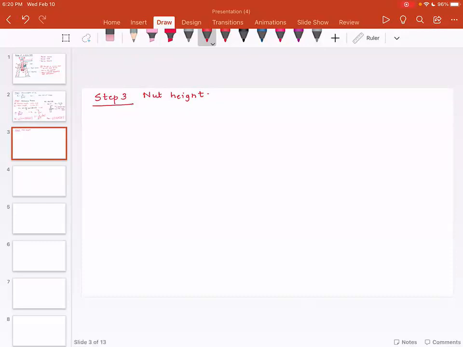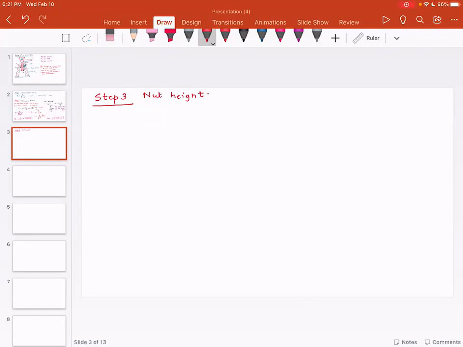You can find it because of the shear failure, because of the bearing failure, or because of the crushing failure. So again, all these approaches are valid. So in this case, I just want to look at the failure of nut because of the bearing.